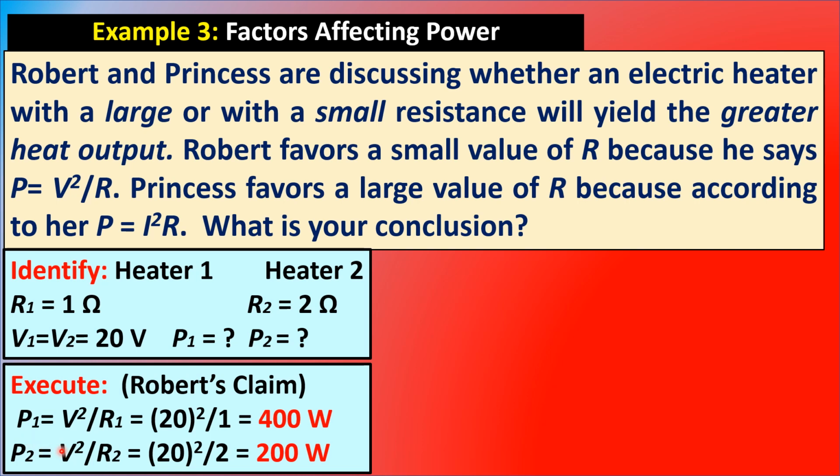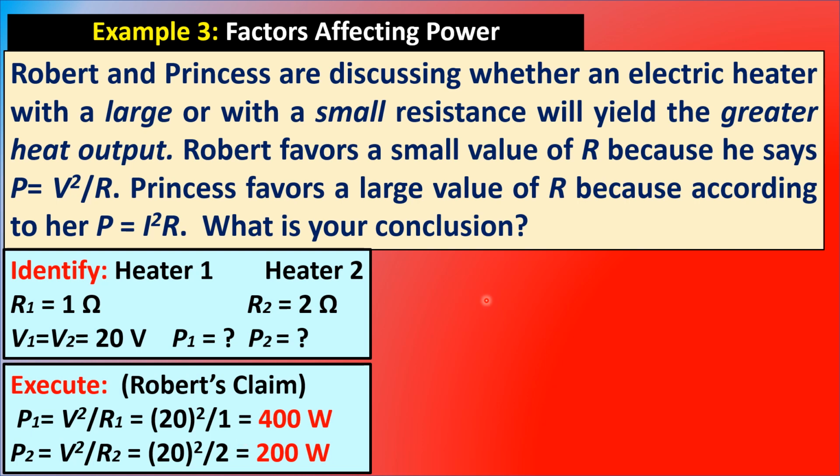While for the higher resistance heater, using the same formula, we get 200 watts. And obviously, it looks like Robert's claim is correct, because the heater with the small value of R has the greater power output. That is the result of Robert's computation here.